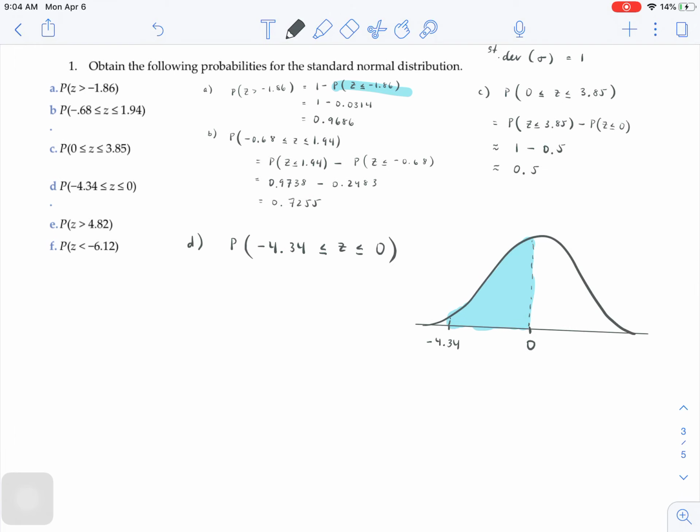Okay, so I know that the table will give me the area all the way to the left of 0. I want to subtract out the area that I don't want, which is the area to the left of negative 4.34, that unshaded region there.